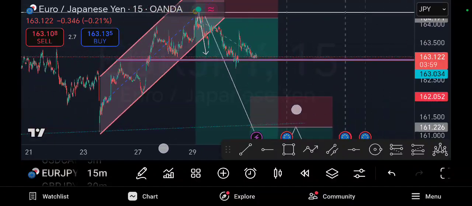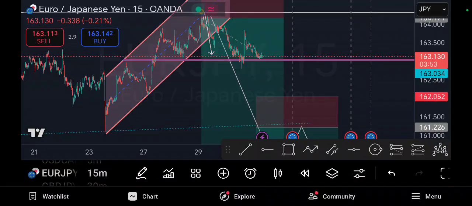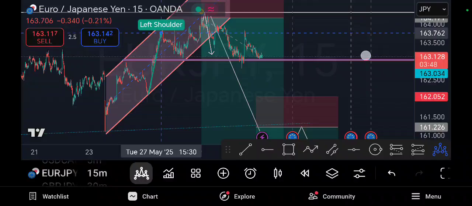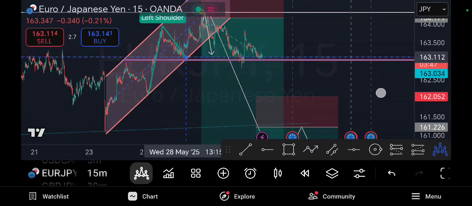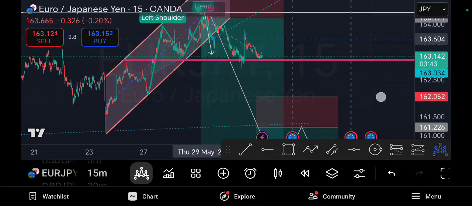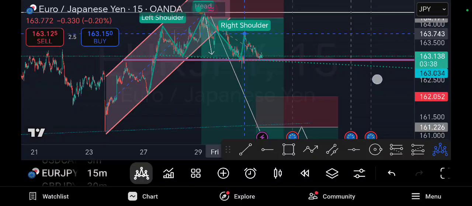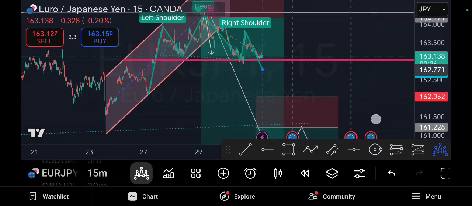Could you see it's giving us a head and shoulders? Check this out. Left shoulder, head, then here, right shoulder. See, high chances of it breaking out.